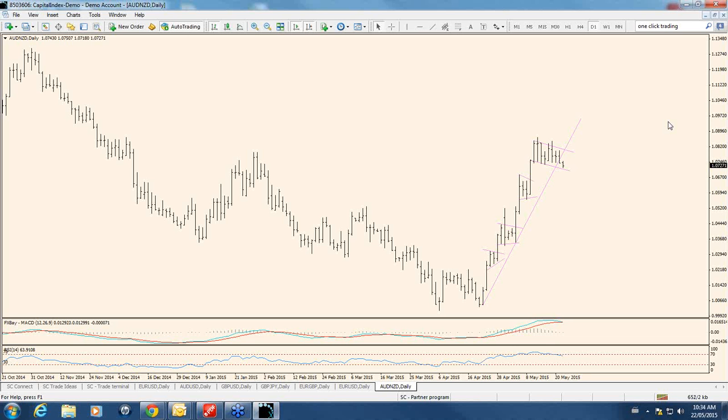You can draw for yourself horizontal supports as many times as you want. What you're looking for is that the more touches, the stronger the horizontal support or resistance line is. Then the trend lines are extremely important.